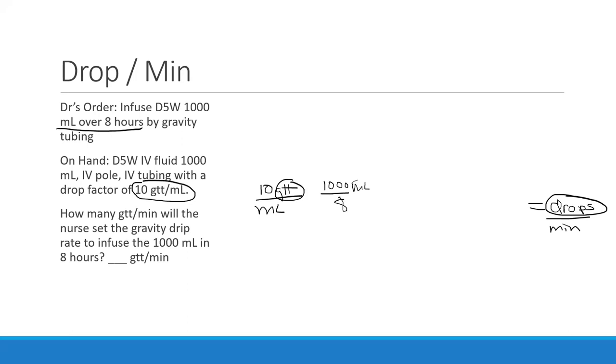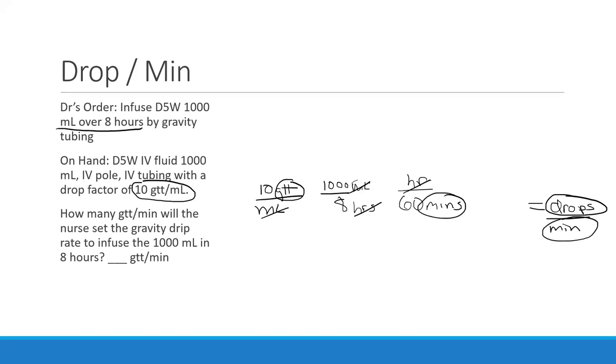So that gets crossed out, that gets crossed out. And now I've got hours here. Is hours the same as minutes? No. So now I need to get rid of minutes, get them a date to the dance. So we've got hours up here over 60 minutes. Was I left with drops over minutes?